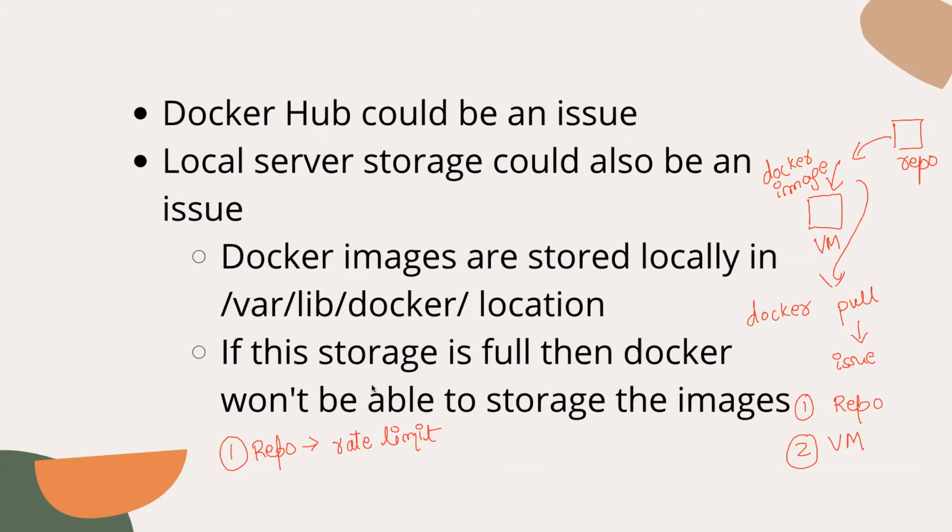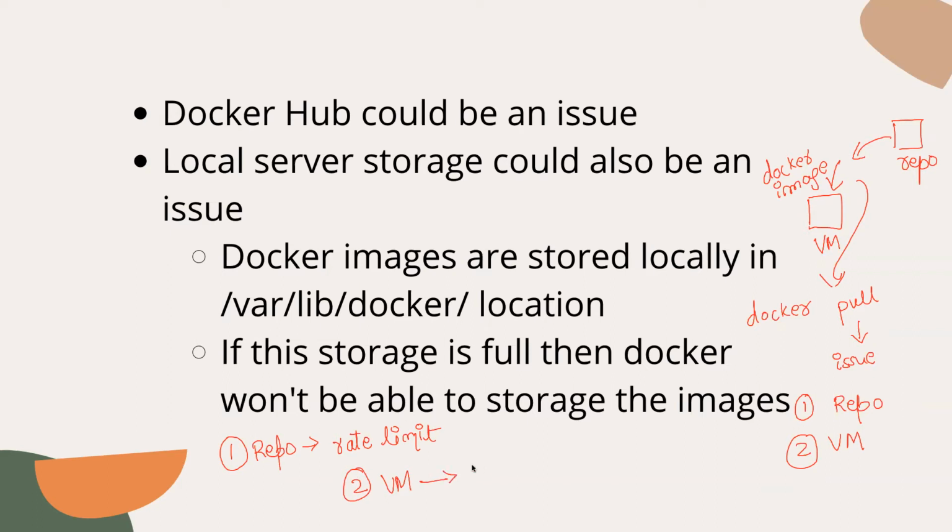A rate limit is nothing but the amount of hits that you do to the Docker Hub to pull the image. If you're doing it constantly, then you might hit a rate limit. Let us assume this is not the issue, and let us take the example of the second issue, that is an issue with the VM. What exactly could be the issue with the VM?